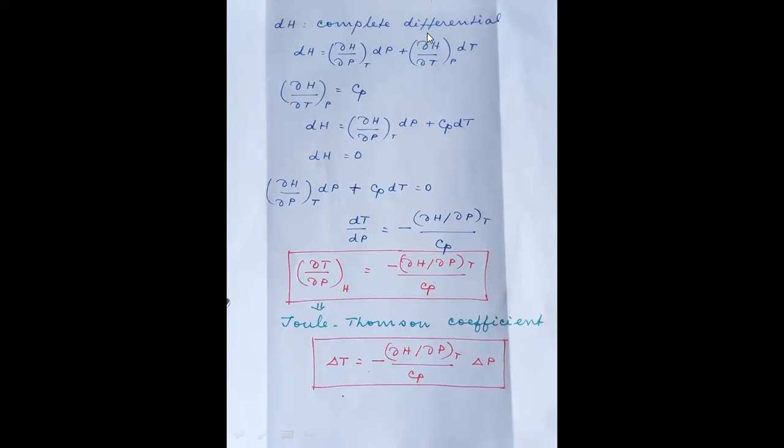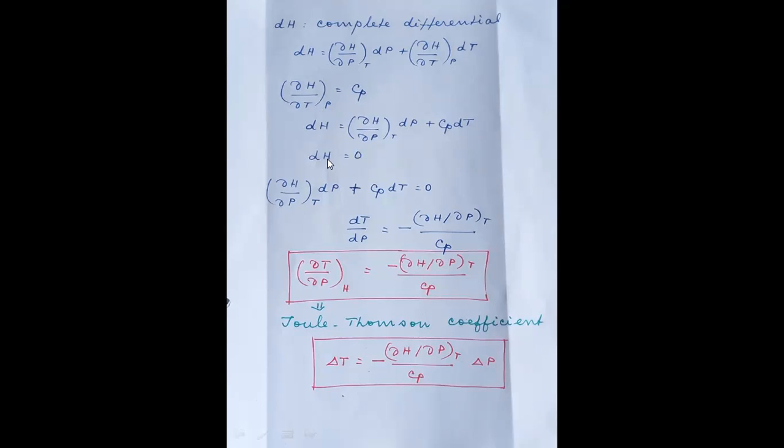Now you know that this value, (∂H/∂T) at constant pressure, is nothing but the heat capacity of the gas at constant pressure, Cp. So I can rewrite this equation as: dH is equal to (∂H/∂P) at constant temperature into dP plus Cp dT.